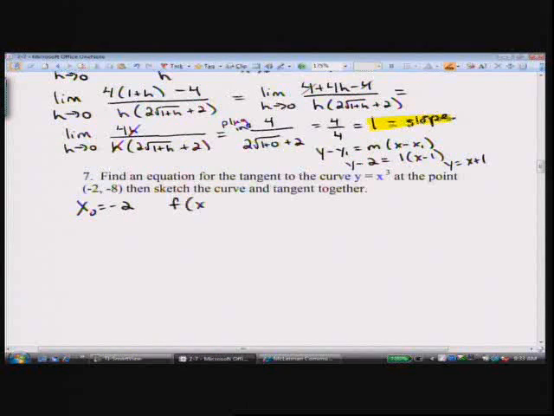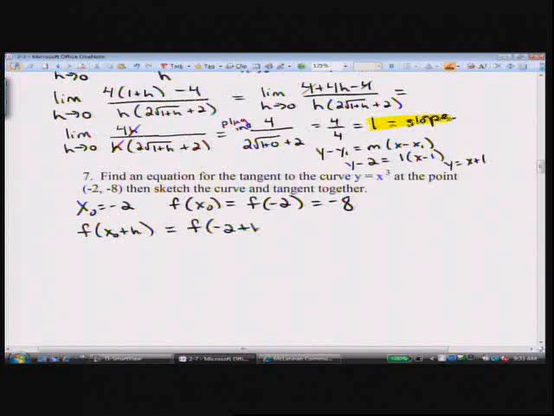F of x naught means f at -2, which here is -8. F of x naught plus h means f of -2 plus h, which is going to be -2 plus h cubed. All right, and so we got to cube that bad boy out.